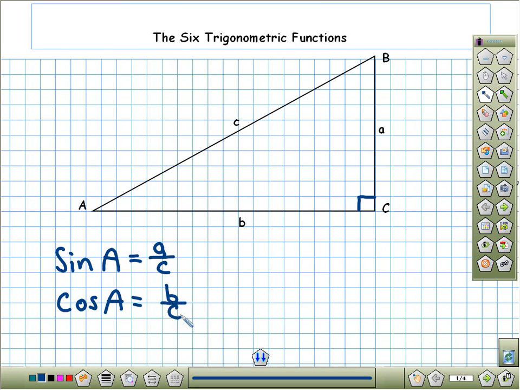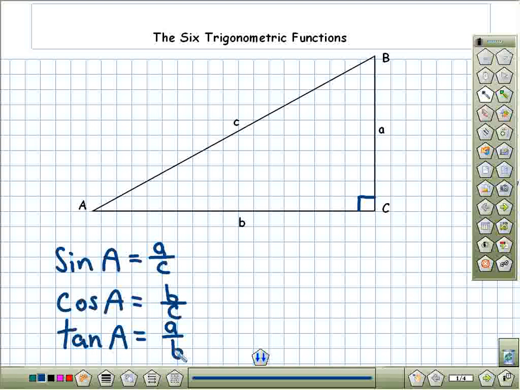So in this particular example, that would be B over C. So here we've got sine, here we've got cosine, and now, does anyone remember what the tangent is? Do y'all know these? That's right. Tangent would be the opposite side over the adjacent side. So A over B in this particular case. Okay. Any questions about that?